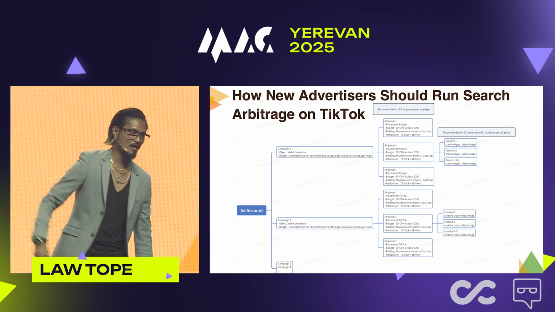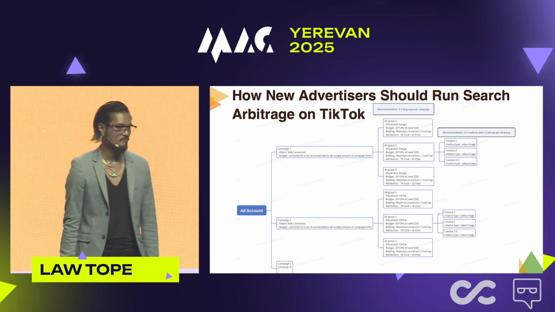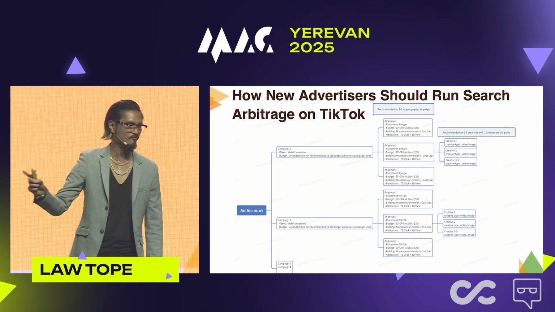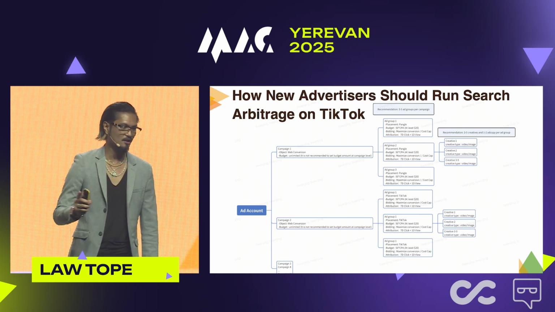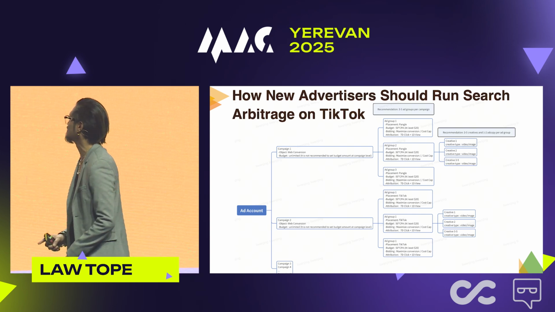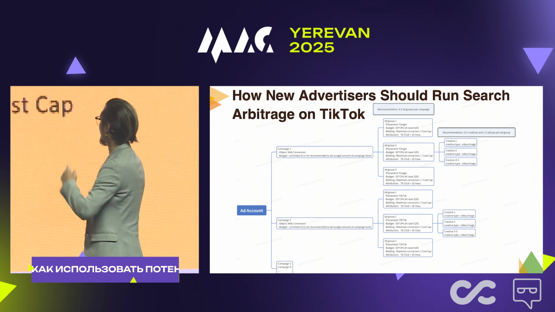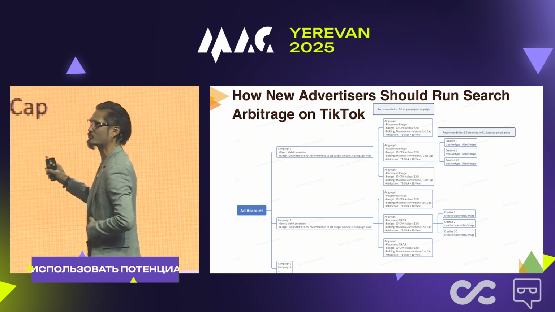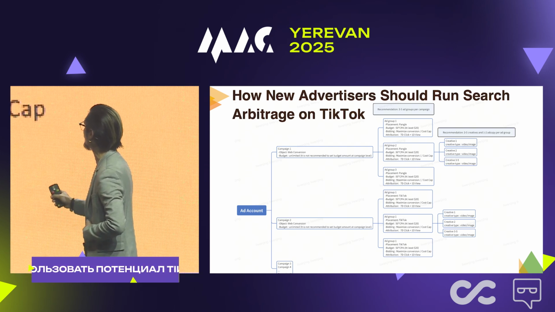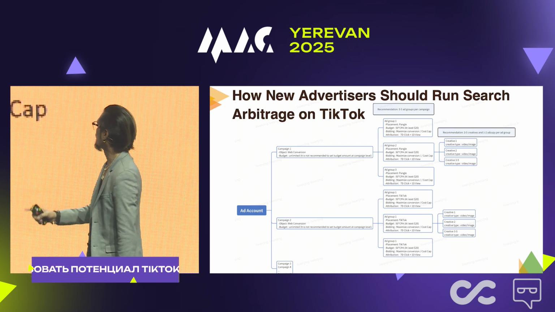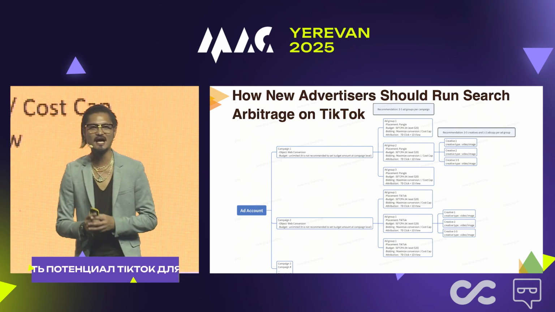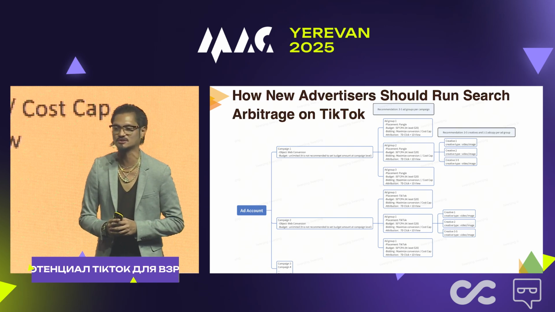Campaign level, I recommend 1 to 3 campaigns. Objective, web conversion, budget, unlimited. It's not recommended to set a budget amount at the campaign level. On the ad group level, I recommend 3 to 5 ad groups per campaign, placement Pangle. Budget at 50 times the CPA, cost per acquisition.